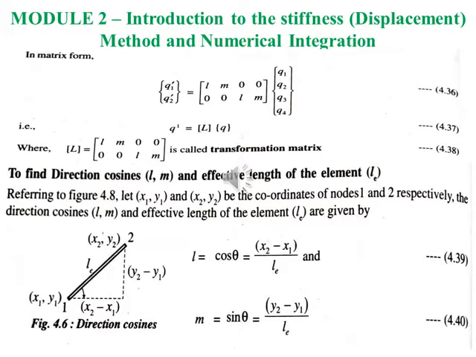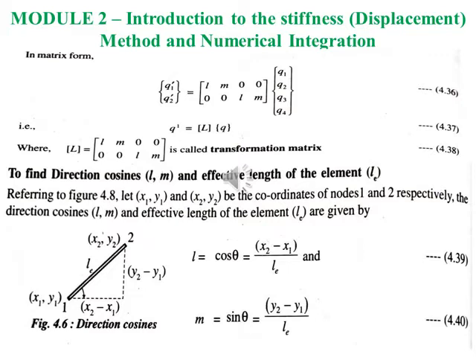So to find the direction cosines L and M and the effective length of the element Le, let us refer to figure 4.8, where x1, y1 and x2, y2 are the coordinates of nodes 1 and 2 respectively, and the direction cosines are L and M. L is equal to cos theta, that is equal to x2 minus x1 by Le, and M is equal to sin theta, that is equal to y2 minus y1 by Le.